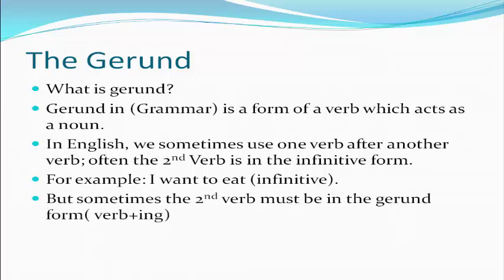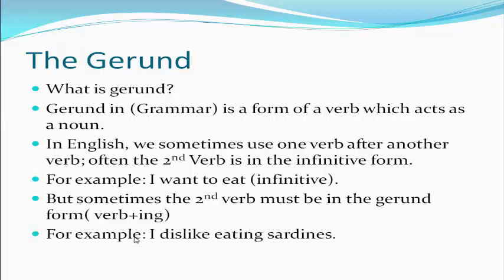But sometimes the second verb must be in the gerund form, and the gerund form means verb plus ing, as we have here. For example, I dislike eating sardines. So the gerund is a verb plus ing. It's a form.